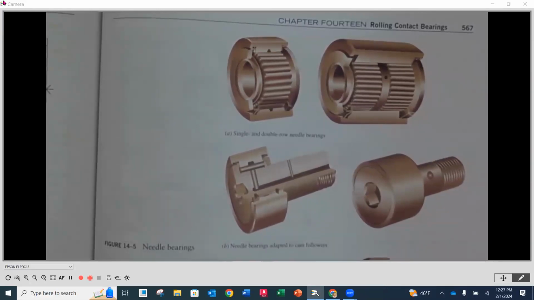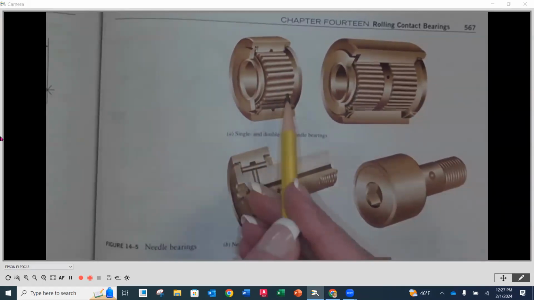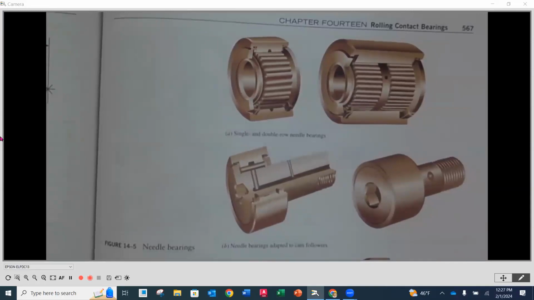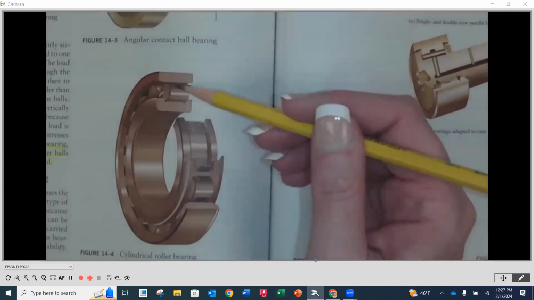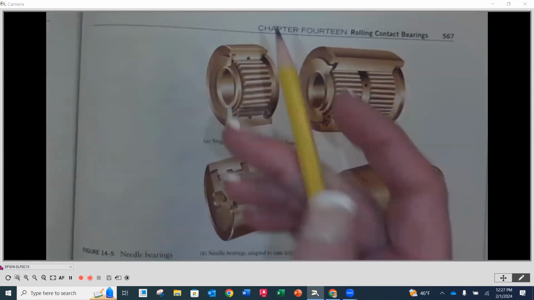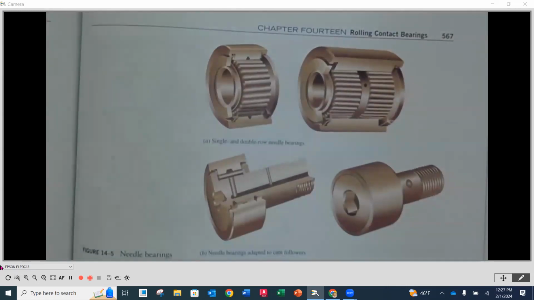What this does for us is allow us to fit these in a smaller area. Let's say I can't have a big roller bearing, because roller bearings tend to be kind of large, and I might need a lower profile. Here you're going to have a bigger thickness; here it's much lower, so you can fit them in.